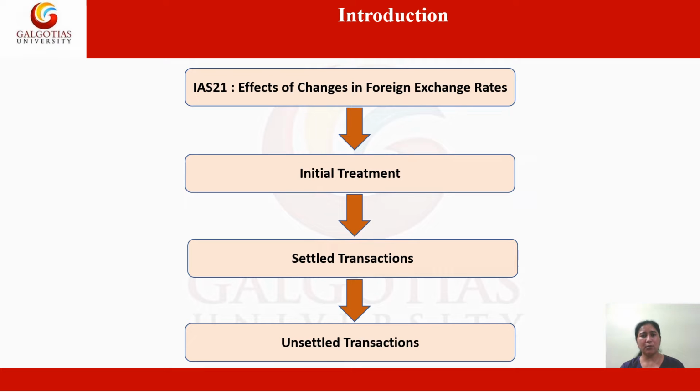The standard also involves accounting treatment with regard to transactions that have been settled during the year. The standard also involves accounting treatment with regard to unsettled transactions, that is, transactions which remain outstanding at the end of the reporting period.